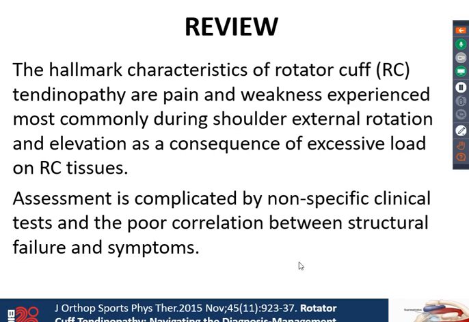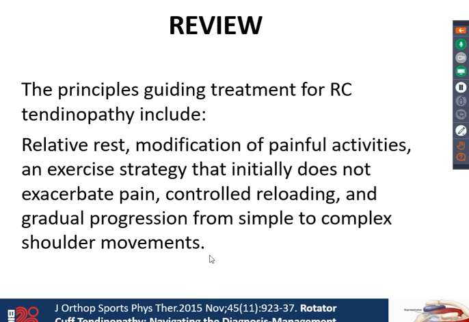Assessment is relatively complicated because the clinical tests are oftentimes not overly specific, and there seems to be poor correlation between structural failure and the symptoms. In other words, it's hard to really isolate what's going on even with orthopedic tests.